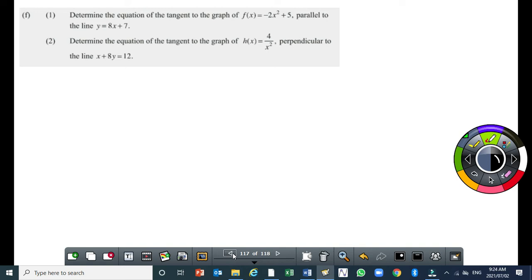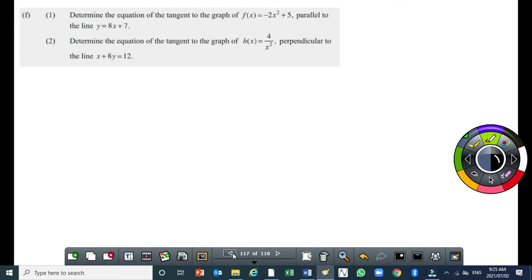Now here we are connecting knowledge of a linear function and calculus, also functions. So three concepts. You need to know your quadratic function, your linear function, and your calculus. So here we need to determine the equation of a tangent to the quadratic function. That tangent is parallel to a line which has got this equation.